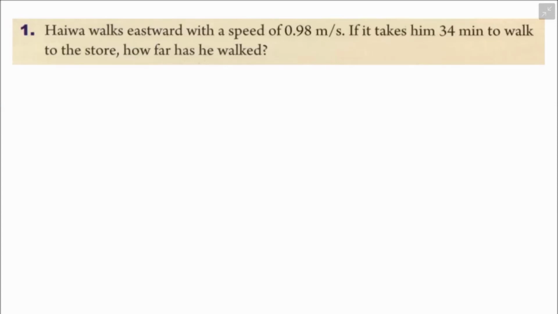Question says that Haiwa walked eastward with a speed of 0.98 meter per second. If it takes him 34 minutes to walk to the store, how far has she walked? The question asks how far has she walked. It means it's asking x.